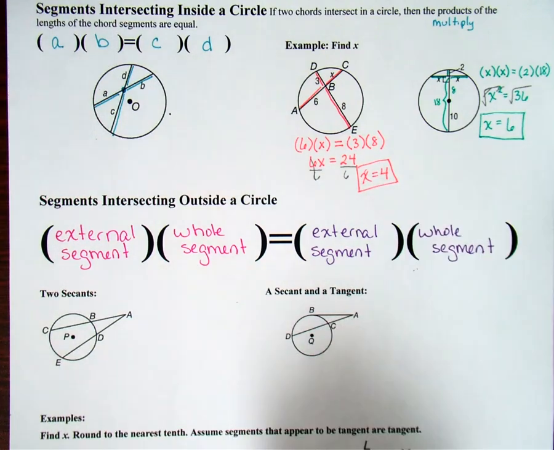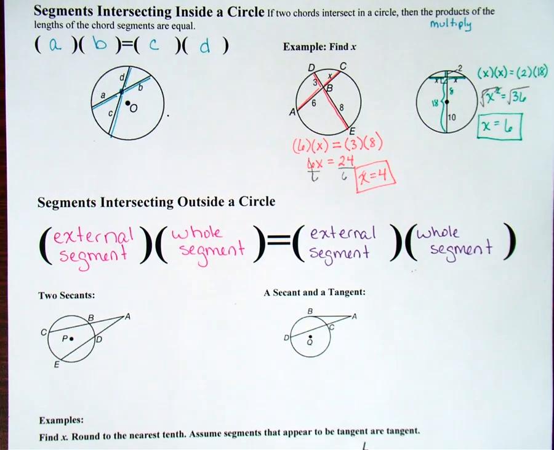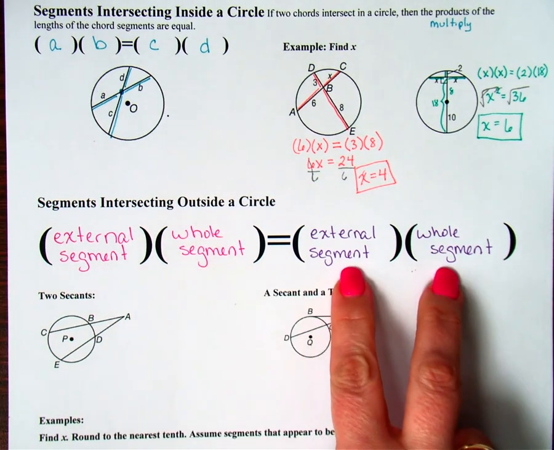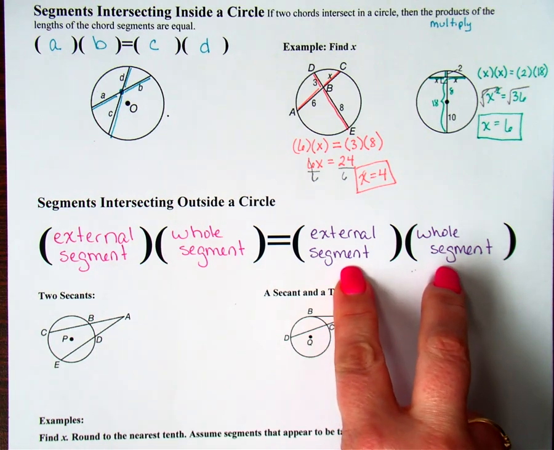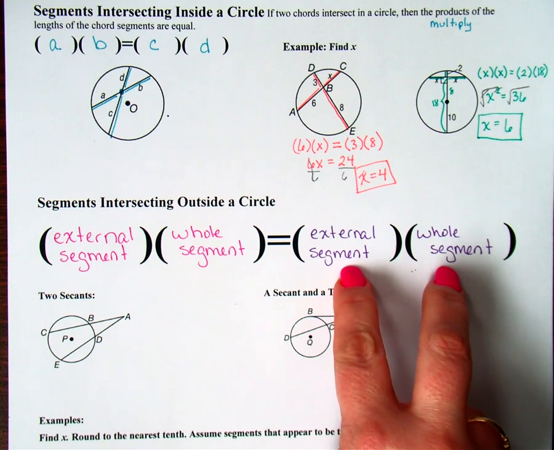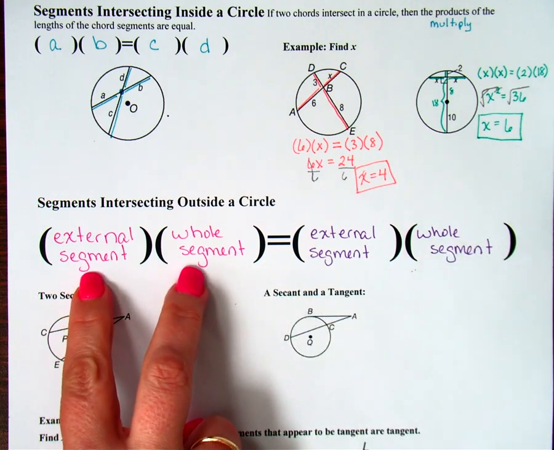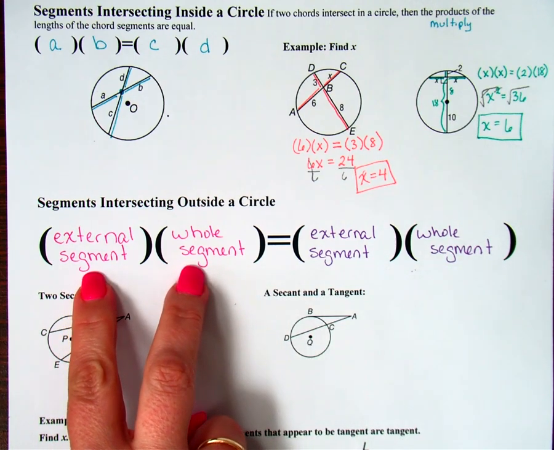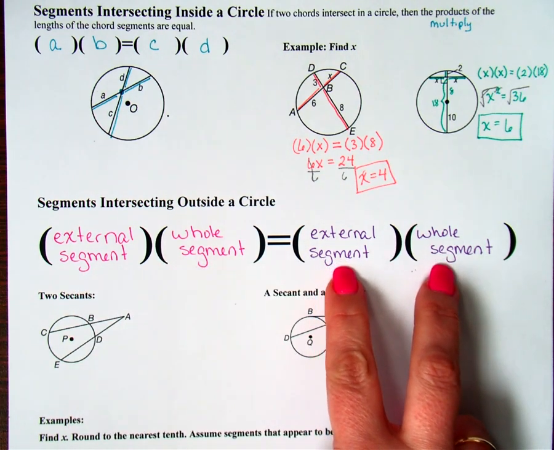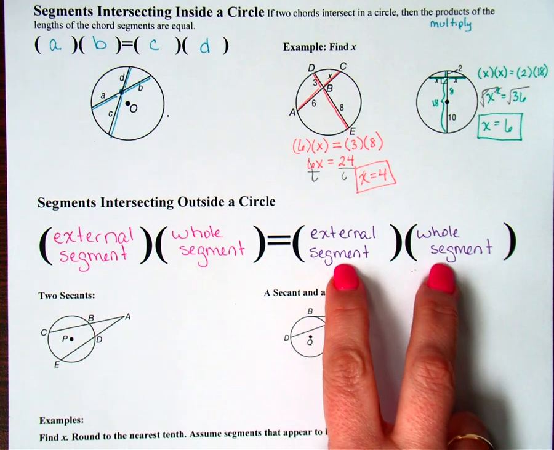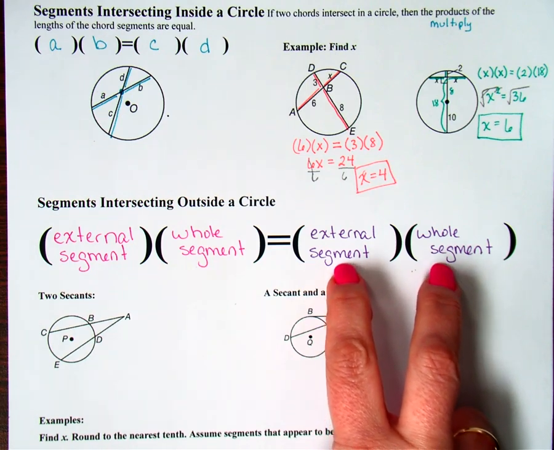Which fundamentally makes sense. They're the same, so they equal each other. But that's not going to help you solve if you're using the same segment. So it's the external segment and whole segment from one secant or tangent is equal to the external segment and whole segment of the other secant or tangent. So let me show you what I mean.